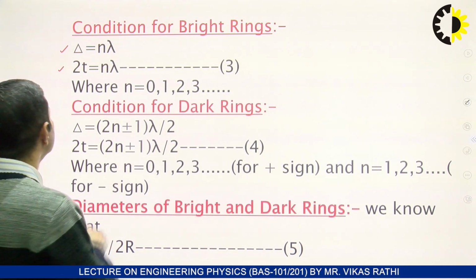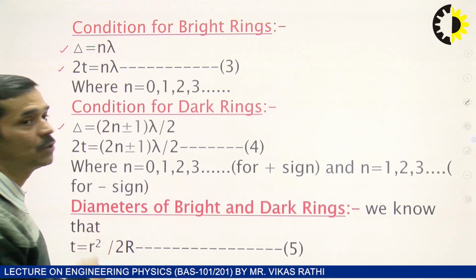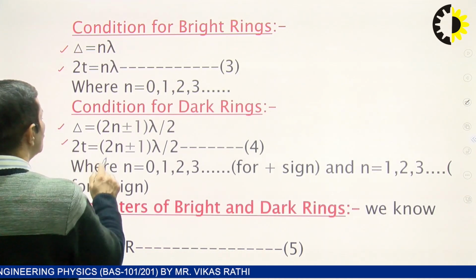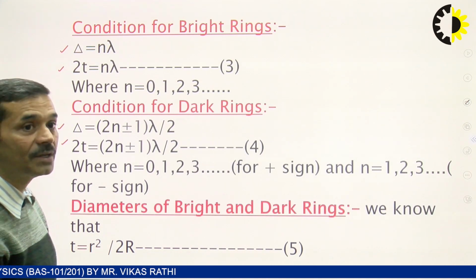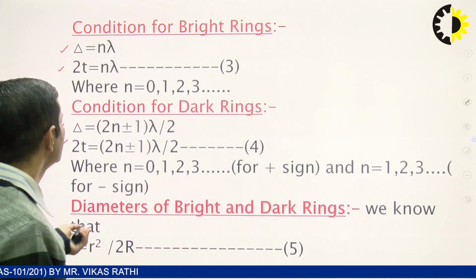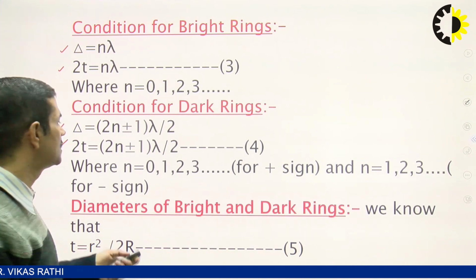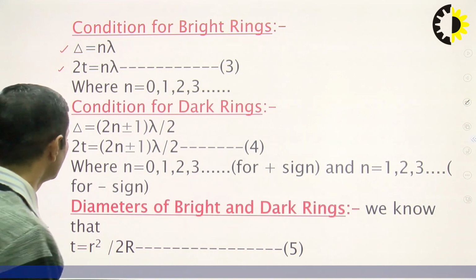And for the dark rings, the path difference should be equal to an odd multiple of lambda by 2. Now the path difference is 2t, so equation 4 represents the condition for the dark rings. Again, as already discussed, if we take the plus sign, then n will start from 0, and if we take the minus sign, then n will start from 1, and so on.